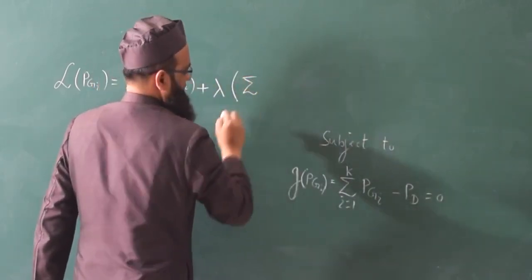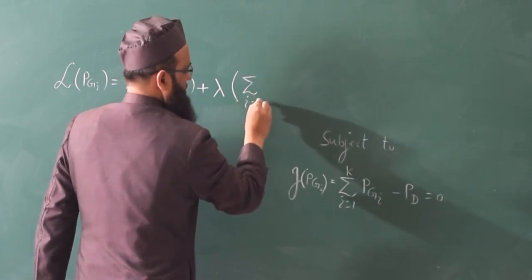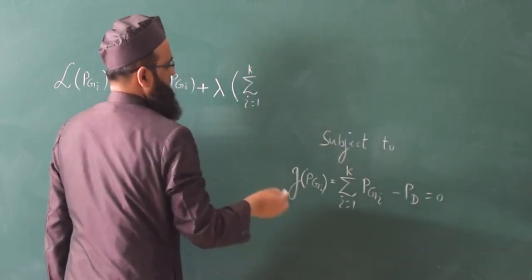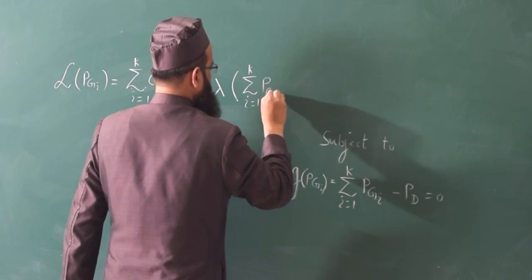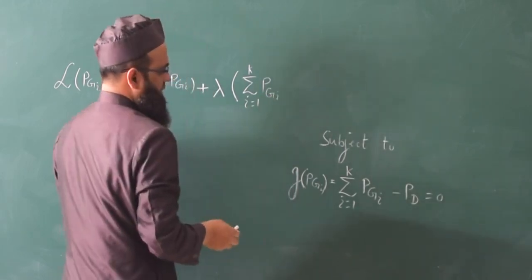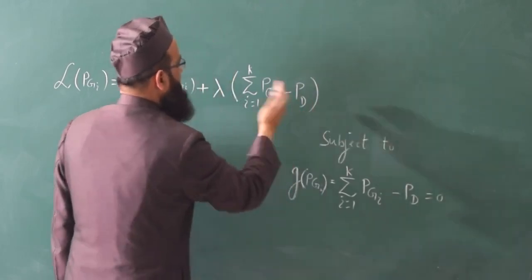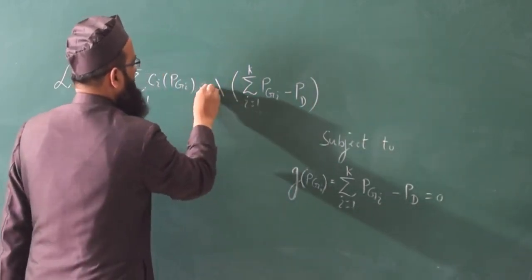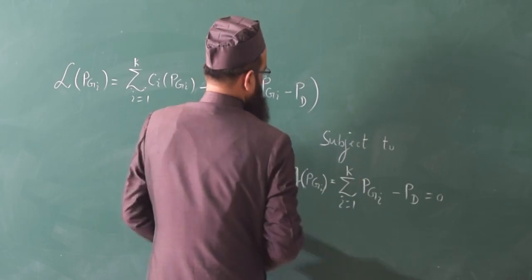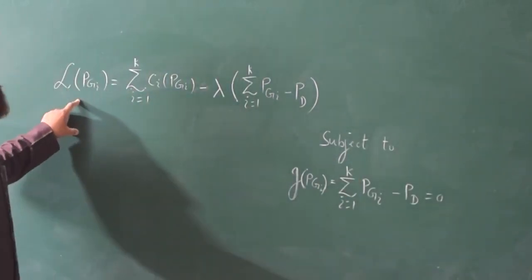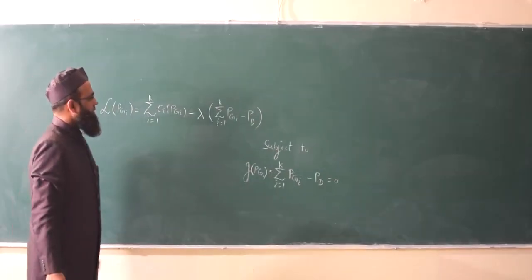summation i equal to 1 to k of Pgi minus Pd, or Pd minus this. So you can put here minus or plus, it doesn't matter. This is our new function known as the Lagrange function. Clear?